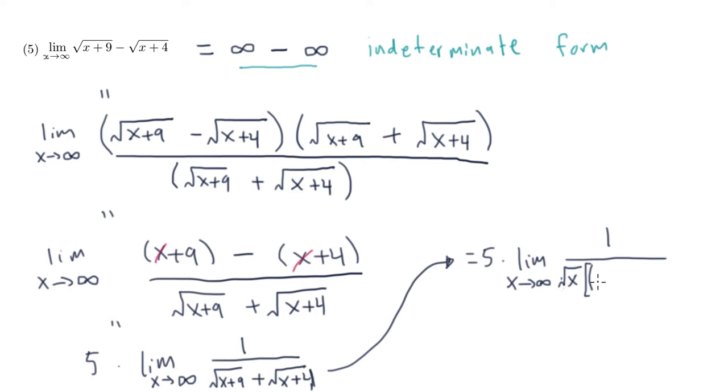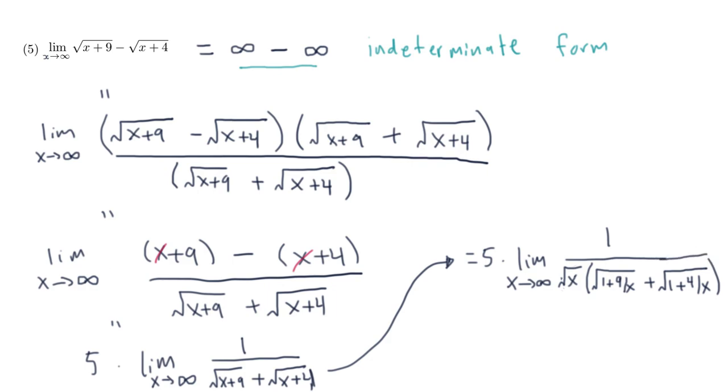So this is going to be square root of 1 plus 9 over x. And again, if I just multiply the square root back in, the square roots combine using the properties of exponents, and I just have x plus 9. And then I also have 1 plus 4 over x from that term.